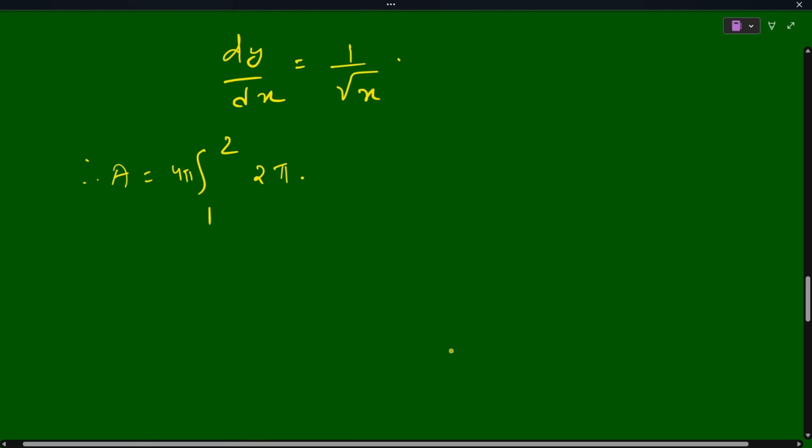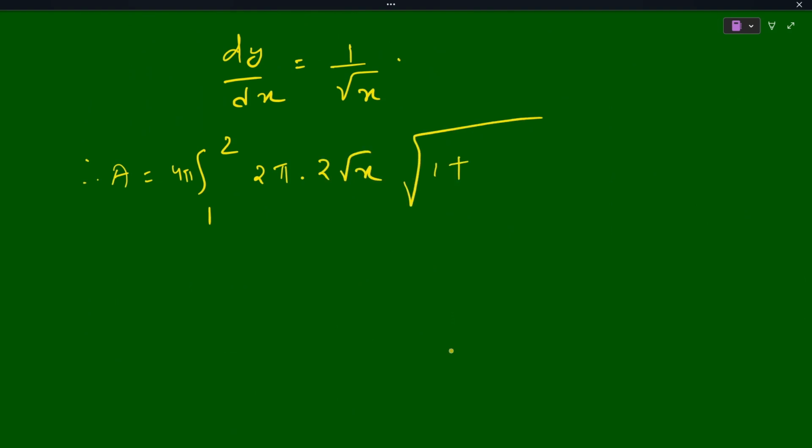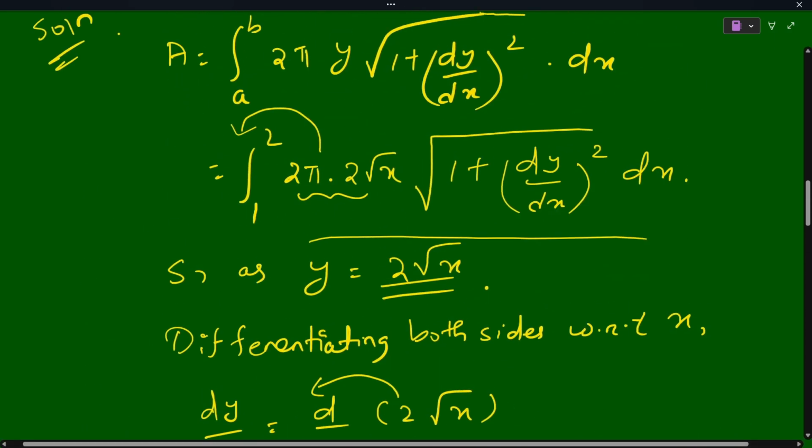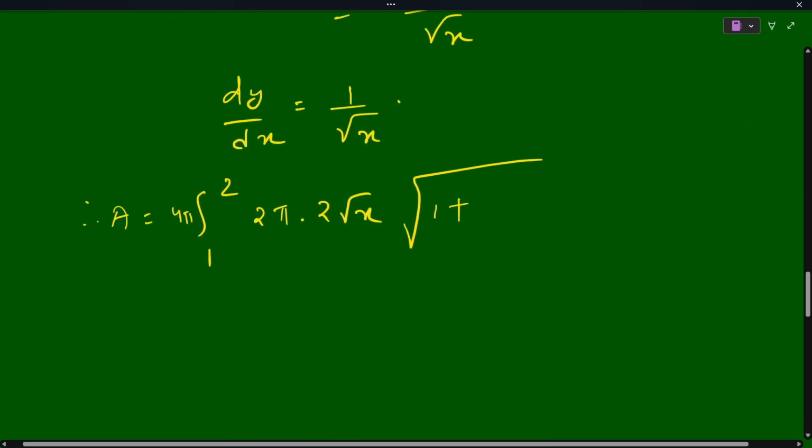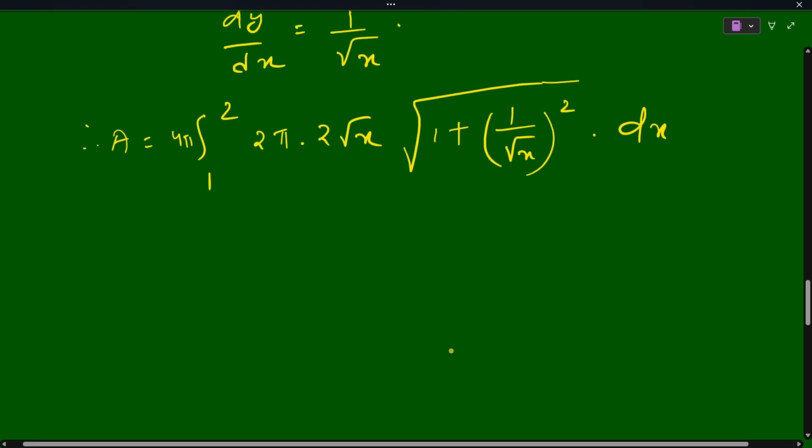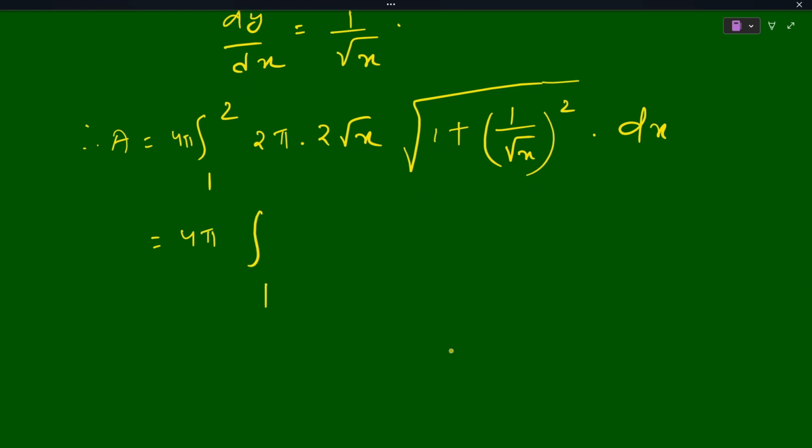So let's write 2 root x. Now the square root of 1 plus dy by dx, that is 1 by root x, we have already found out. Now let's solve further. This value is 4 pi and the integration is from 1 to 2, and this term is already written outside. So now let's solve this one.